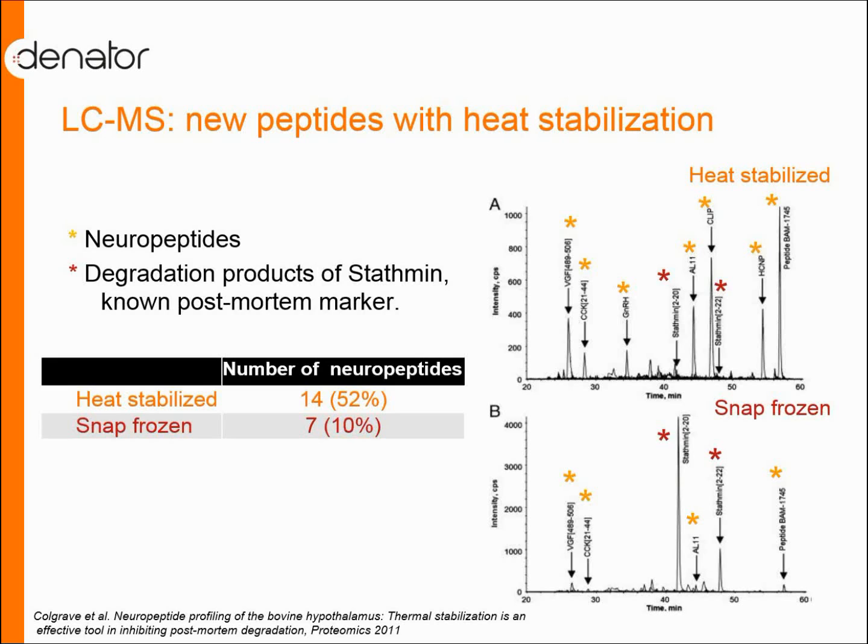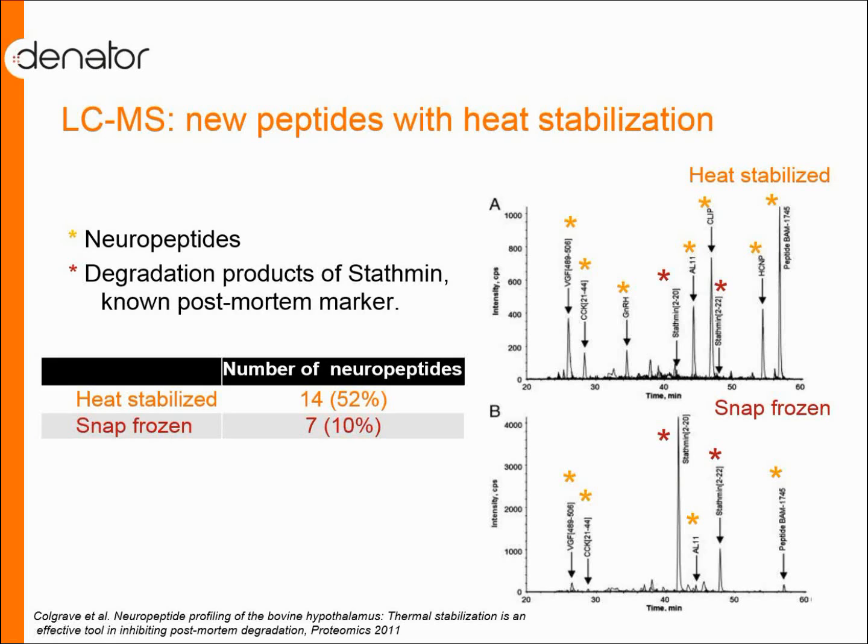And it's an N-terminal peptide, 2 to 20 or 2 to 22 amino acids that are cleaved off from the protein Stathmin and increase quite rapidly post-sampling. As you see in the upper panel in the heat-stabilized sample, it's still possible to detect them there, and that's mainly due to the fact that removing the hypothalamus from a cow skull takes roughly 30 minutes.